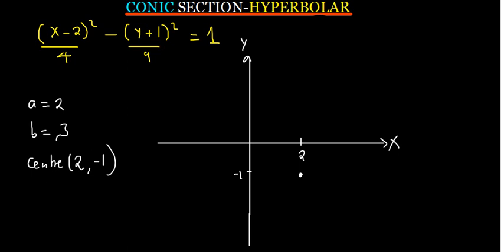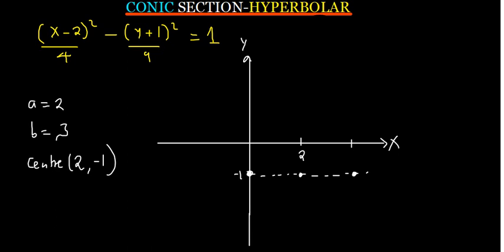Now these values that we're able to see, a is equal to 2, remember the 2 came from the value which was below x. So to the x value of the center we are going to add and subtract 2. So 2 plus 2 to give us a 4. So a 4 is there. And then 2 minus 2 to give us a 0. So the graph is going to come here.